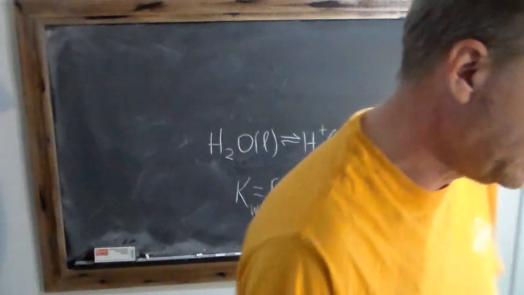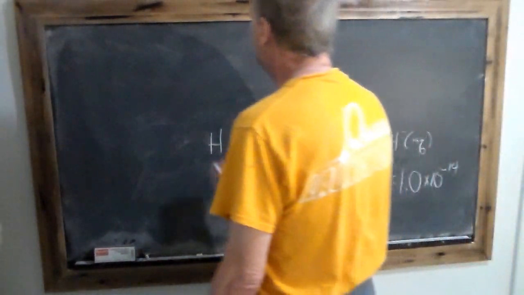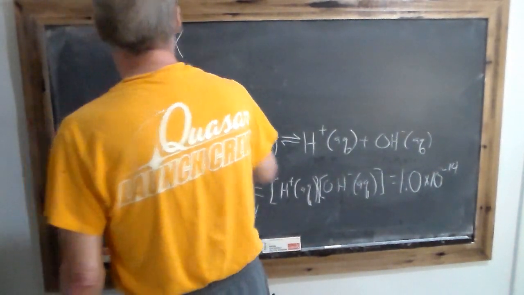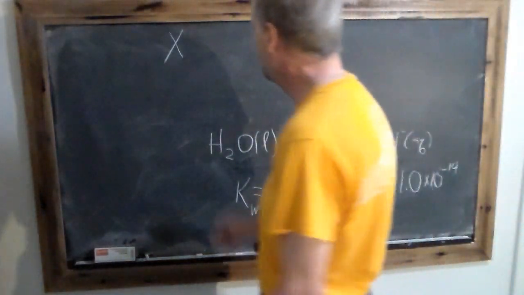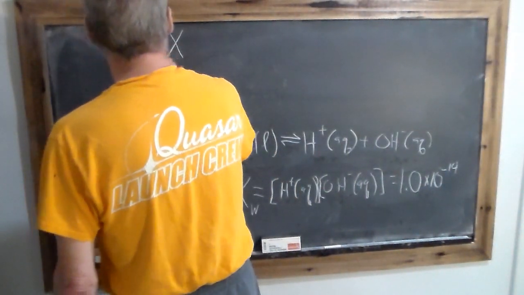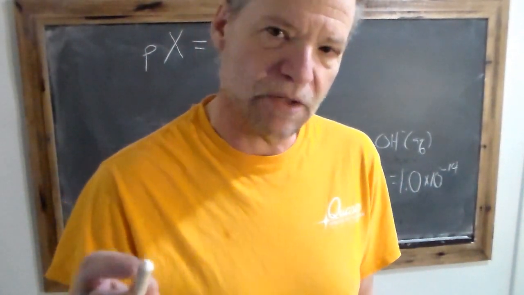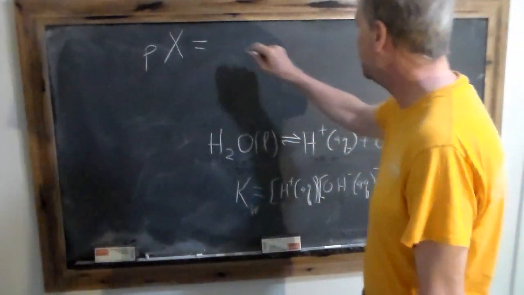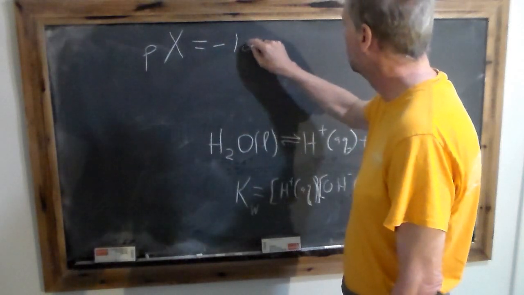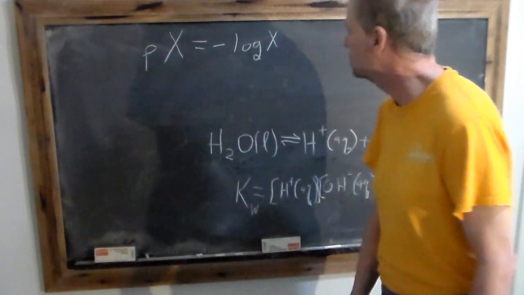And if I don't want to write scientific notation all the time, I can simply write the p value. If you have a very small number, x, whatever that number is, the p value of that number is defined to be, it's not derived, this is a mathematical definition, negative log of that number, base 10 log.